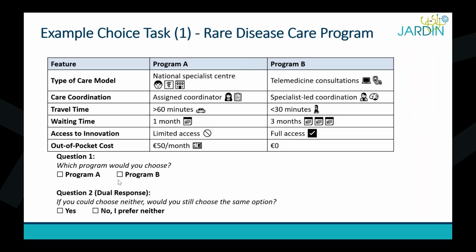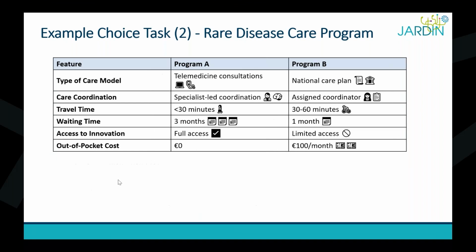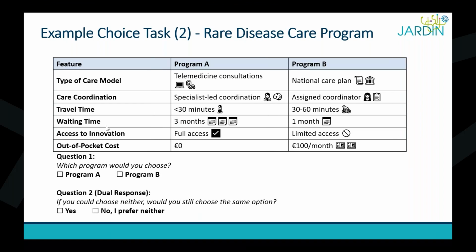But this is not the only choice task that we present to the respondents. Like I said, this is repeated. This is the first choice task, for instance. If you go to the next slide, please. And this is the second choice task. At first glance, the previous choice task and this one might seem the same, but if you look closely at the program features, the two are different.